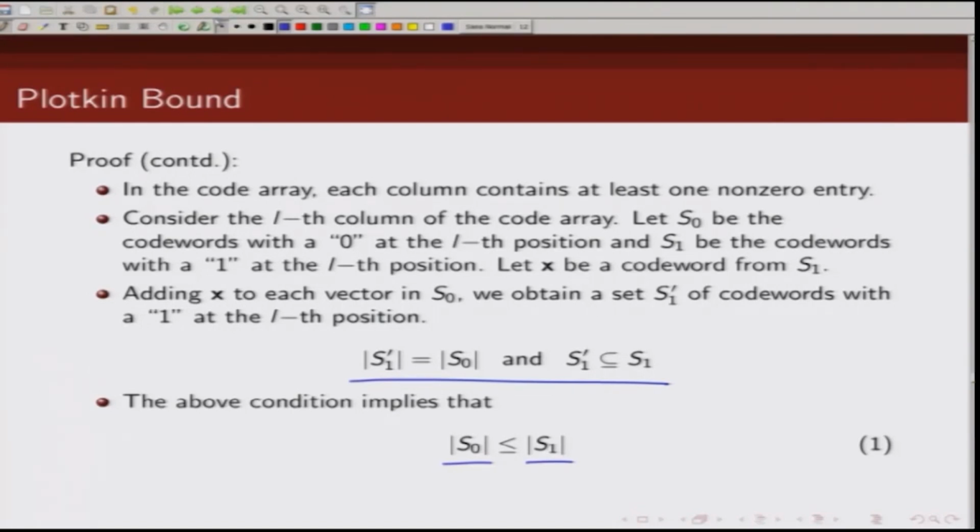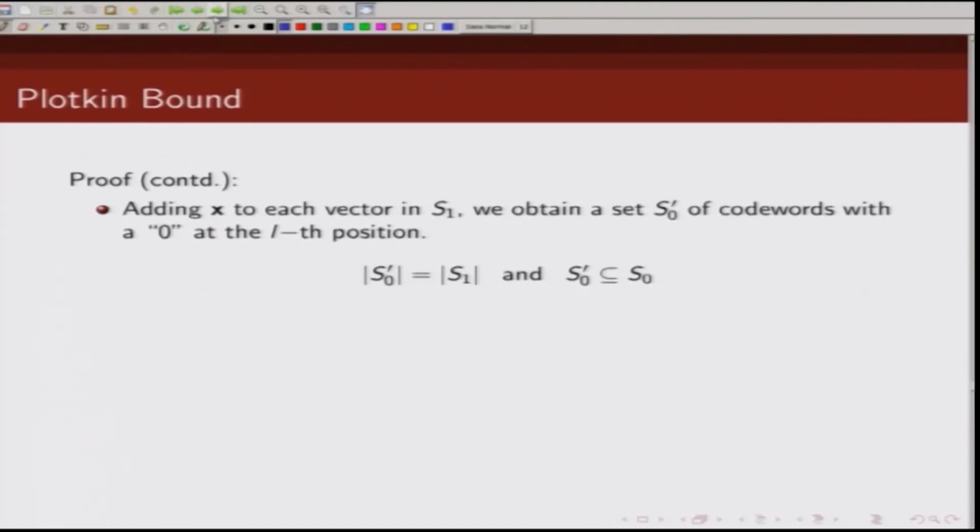Next, what we do is we add this same vector X now to set S1. Earlier we added it to set S0, and in the process we generated a new set of code words which has 1 at the lth location. Now, we are adding this code word X to the set S1. X has 1 at the lth location, and S1 has 1 at the lth location. So, when we add them together we get a new set of code words which will have 0 at the lth location.